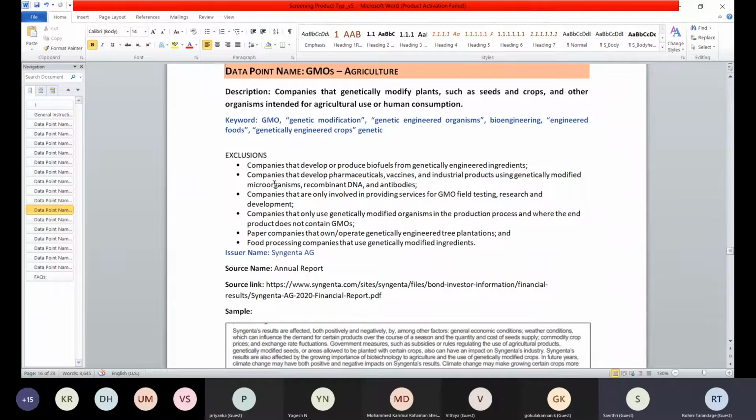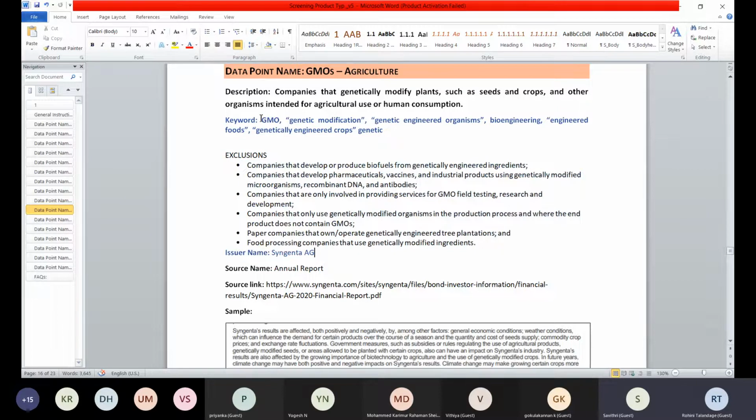In this case we have to mark it as no. And then companies that develop pharmaceuticals, vaccines and industrial products using genetically modified microorganisms, in this case also we have to mark it as no. So these are some exclusions in which case you have to mark it as no.